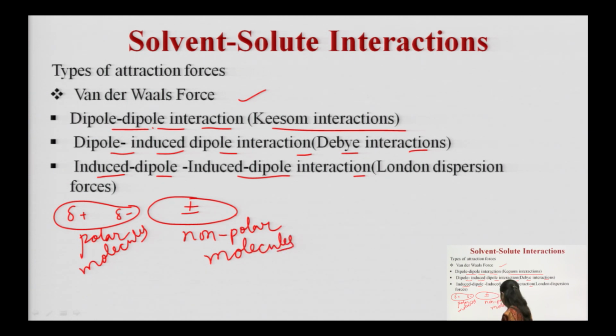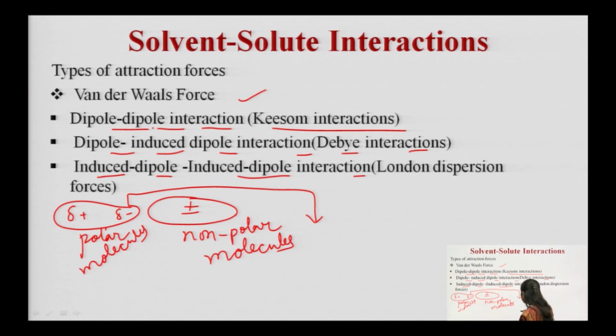Now, why are some molecules polar and some non-polar? This is due to the structure of the molecule, due to the atoms present in the molecule.